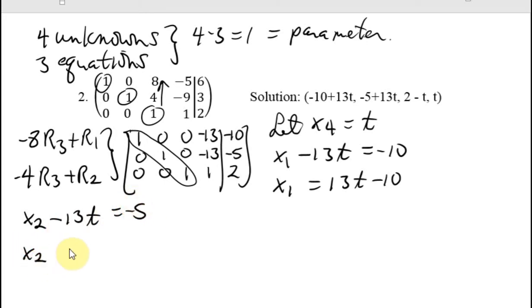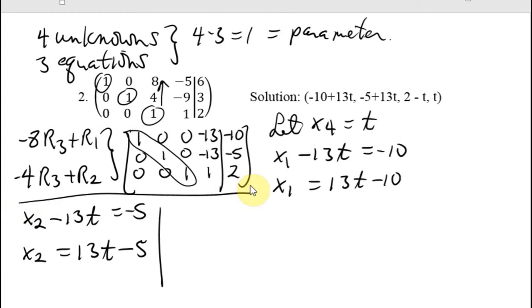So we get x sub 2 is equal to 13t minus 5. And then the last row says x sub 3 plus x sub 4 is equal to 2. Well, x sub 4, you remember, is t. So x sub 3 is equal to 2 minus t.